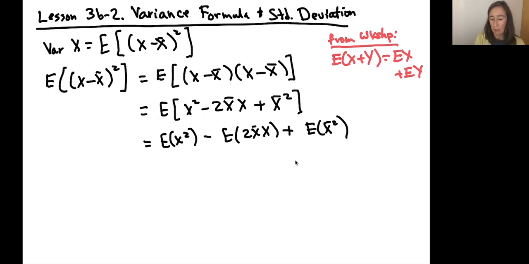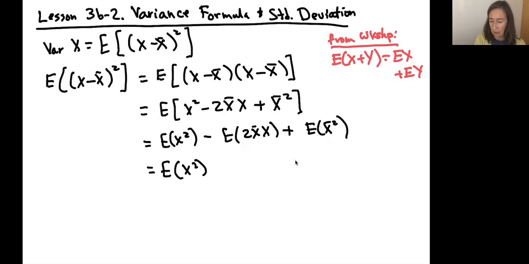I've distributed it. So the expectation of this plus this plus this is that expectation plus that expectation plus that expectation. And we showed that's always okay to do. Okay, so going along, not much I can do with the expectation of x squared. That just is what it is.